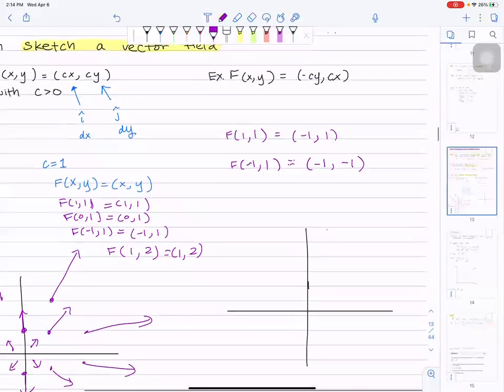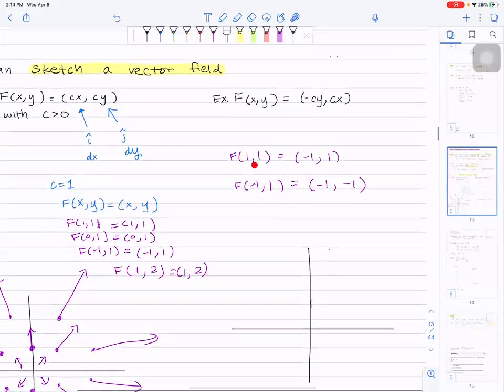Let me give you a first point. If I wanted to test the point 1, 1, right now our function is defined as negative y, x. Here y is 1, so it becomes negative 1. X is still 1. So at the point 1, 1, we have a vector going 1 to the left, 1 up. So left and up gives me this vector.